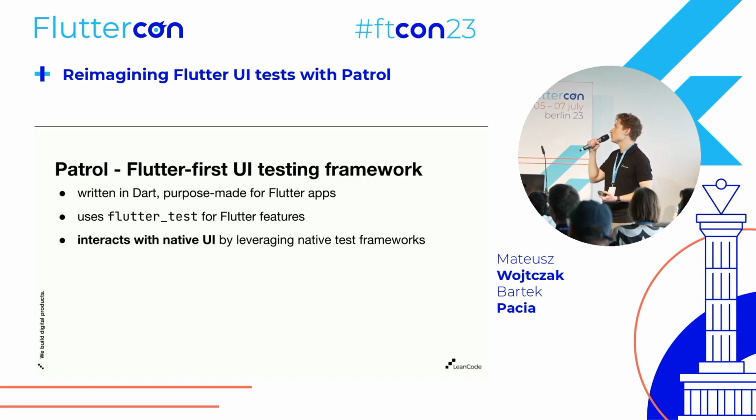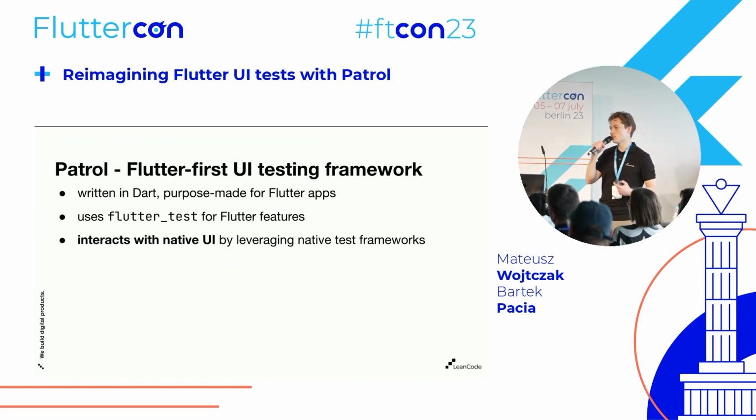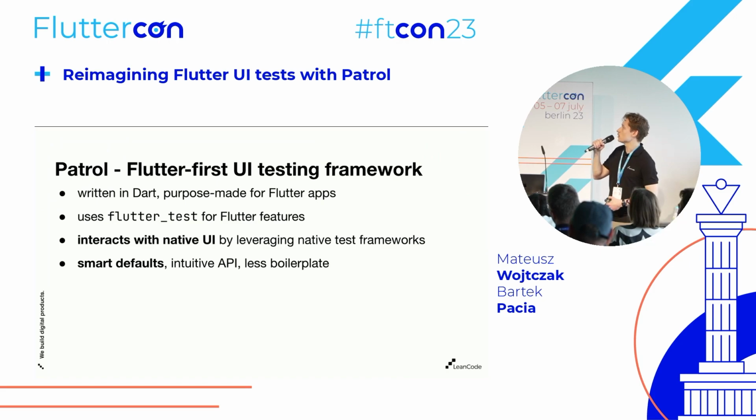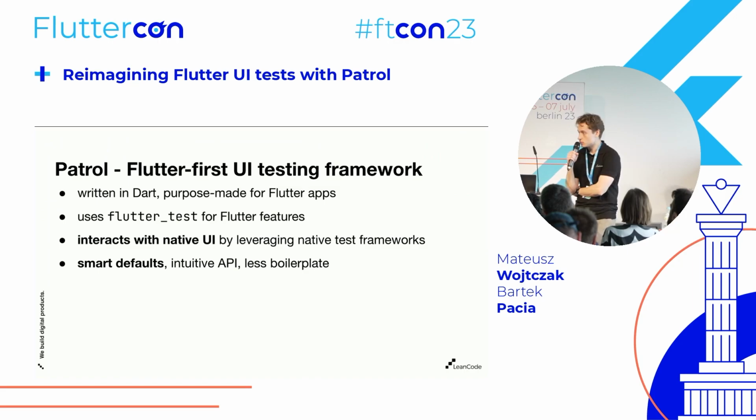And also for native UI, we leverage native test frameworks to use official ways to do that, which is UI Automator on Android and XCUITest on iOS. And we want to offer smart defaults. What that means is that in our company, LeanCode, we have a QA engineering team, and they write automated end-to-end UI tests.